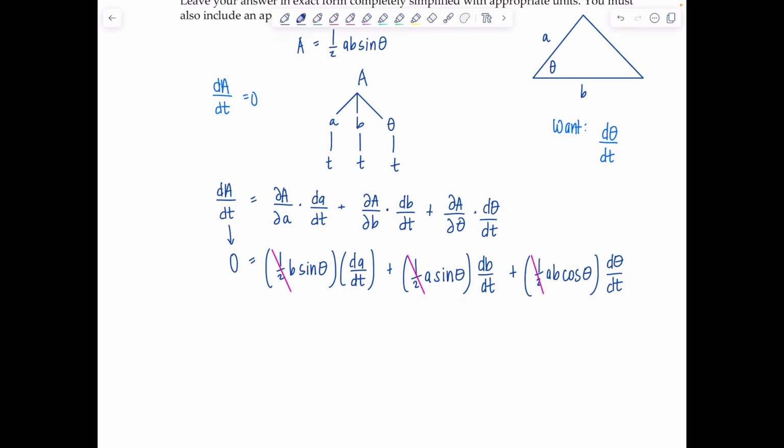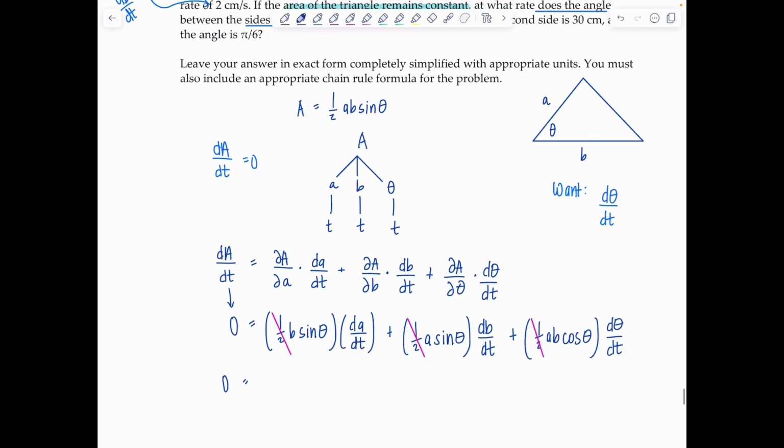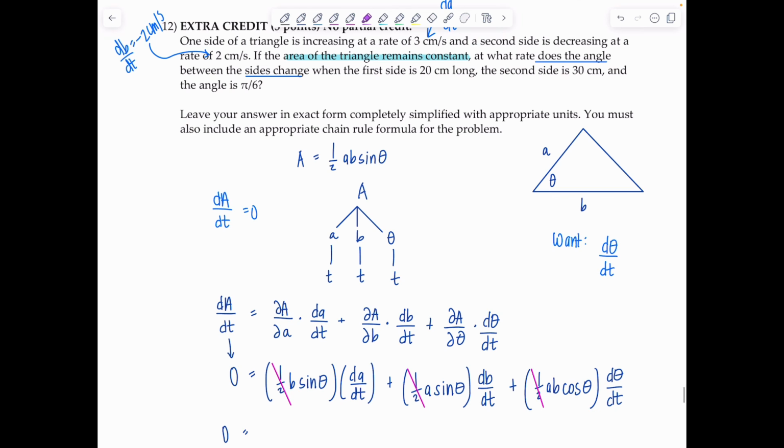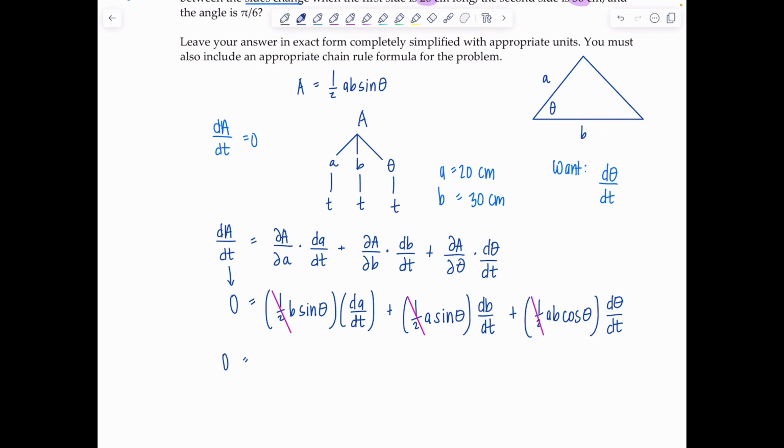And let me just start substituting in everything that we have. So 0 equals b, I'm calling b the second side. So b is 30 and a is 20. Let me write that down. A is 20 centimeters, b is 30 centimeters. So we'll have 30 times sine of pi/6, that's 1/2.